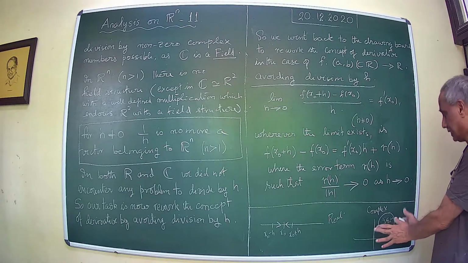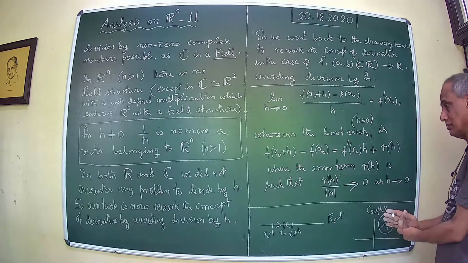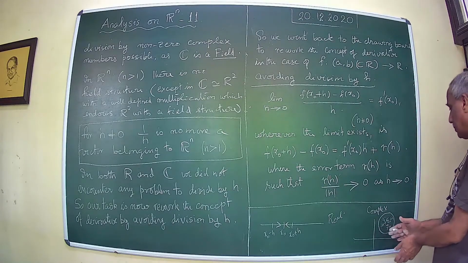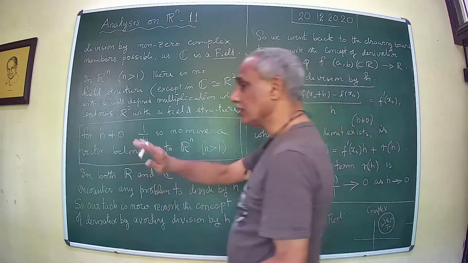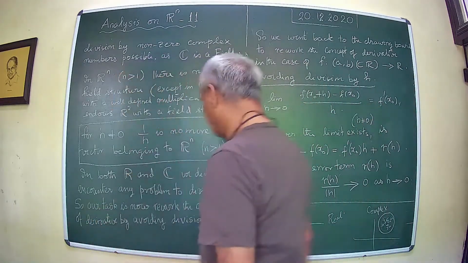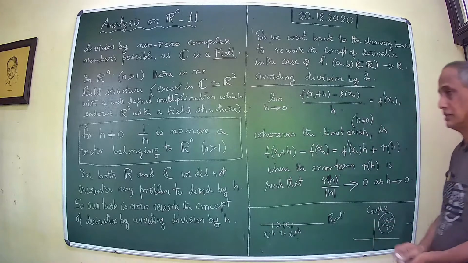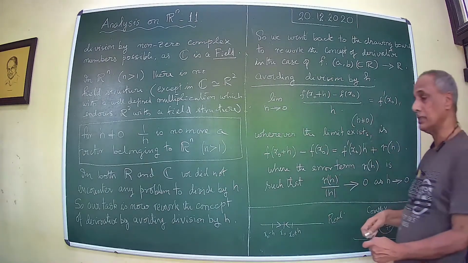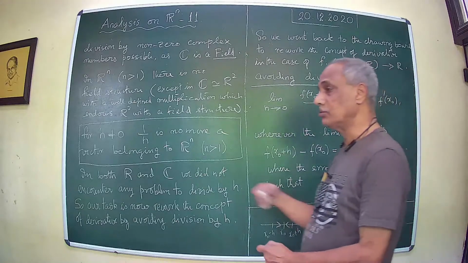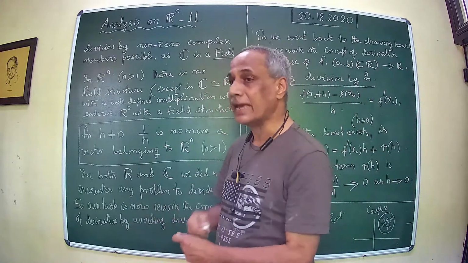Okay, z0 plus h can go to z0 in very many ways along all sorts of paths which take you to the point z0. So in all those cases you require the limit to exist and be the same.